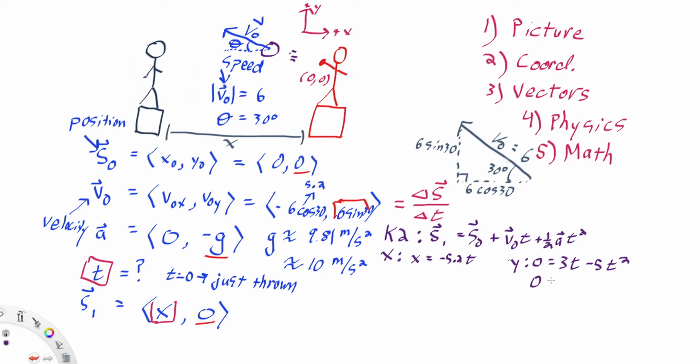So the easiest way to solve this is probably going to be factoring. So if we factor out a t, we get t times (3 minus 5t), which tells us there's two solutions to this problem. There's t equals 0 is a solution, and also t equals 3/5 is also a solution.